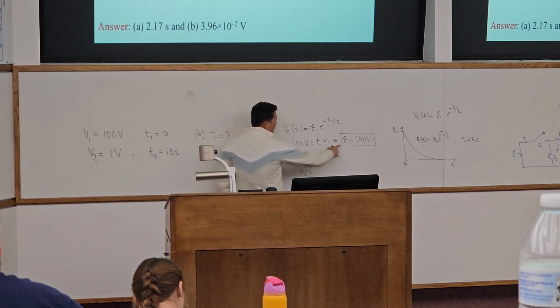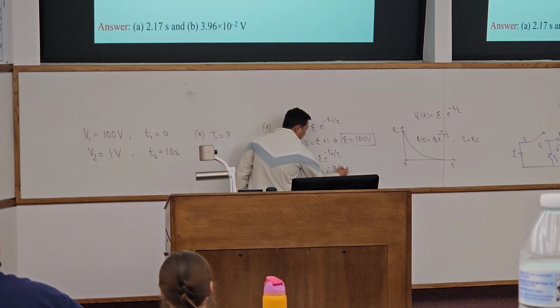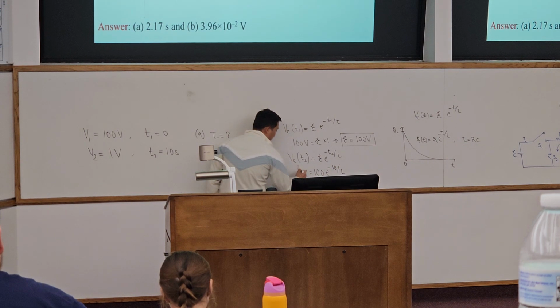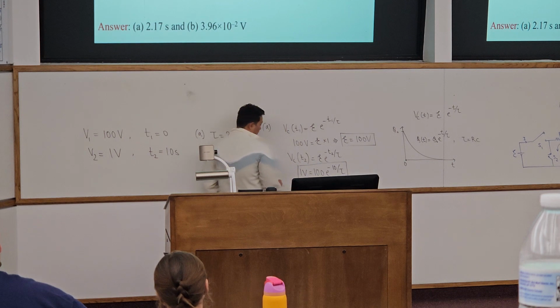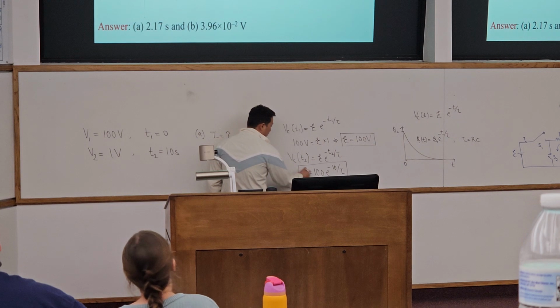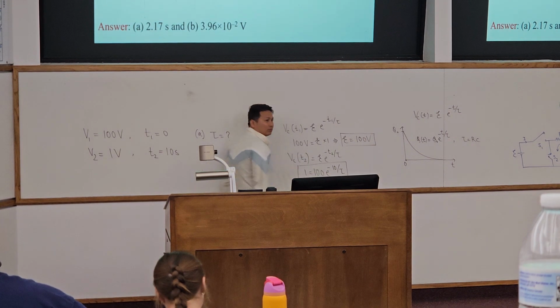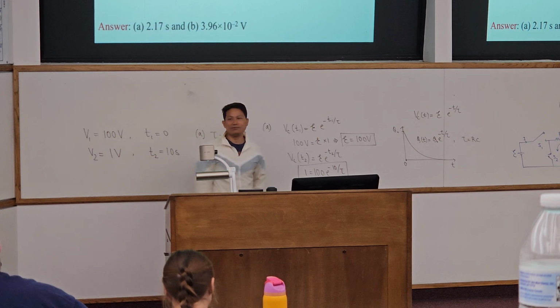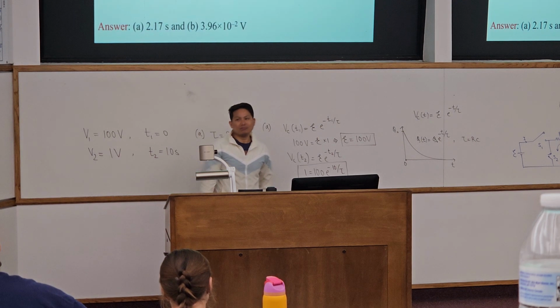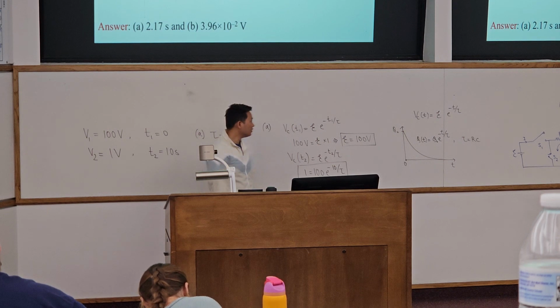The A value from equation 1, I got 100. The T2 value is 10 seconds, and tau. From this equation, there is only one unknown, that is tau. Right? Can you calculate tau? Yeah. It's very simple. Just that equation.